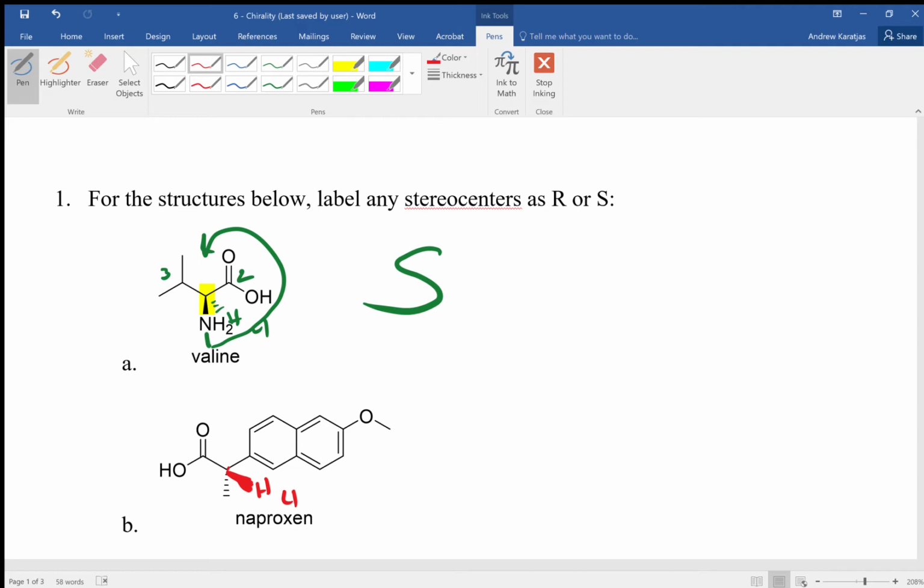Now the methyl that's pointed down, that's attached only to hydrogens, whereas the other two carbons are attached to other carbons or oxygens. That means that methyl group is going to be the lower priority of the three carbons. For the other two carbons, this carbon here to the left is attached to oxygen, which makes it higher priority than this carbon, which is attached to other carbons.